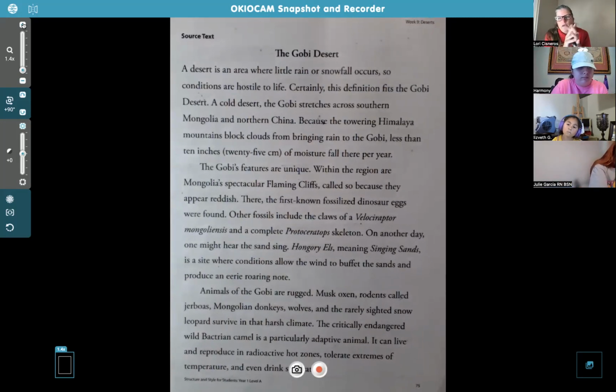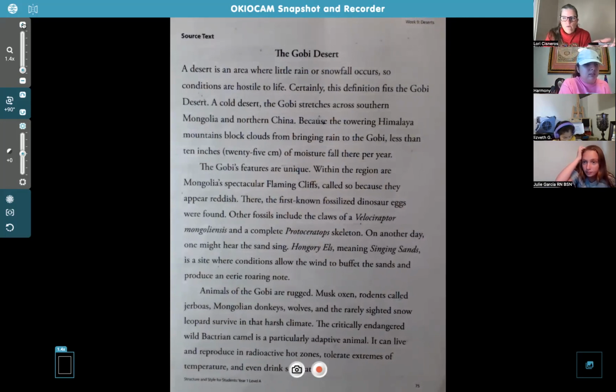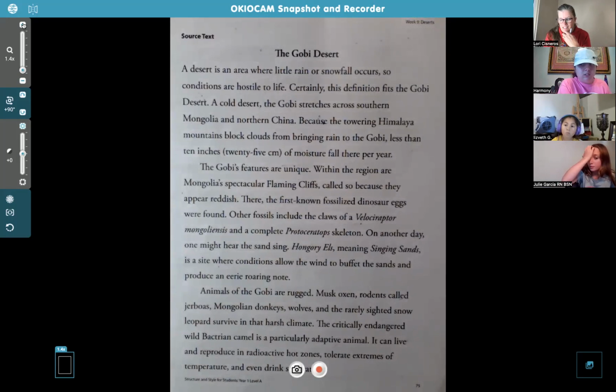And remember last time we underlined information to put in our outline. That's what we're going to do again. We're looking for things that are interesting, because if you think they're interesting, your reader will probably think they're interesting. So we got to come up with 6 things to put in our outline for our report.